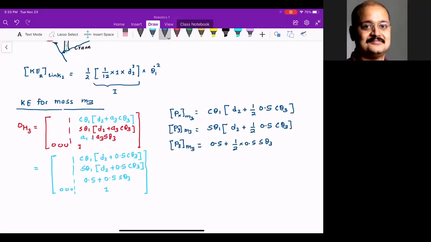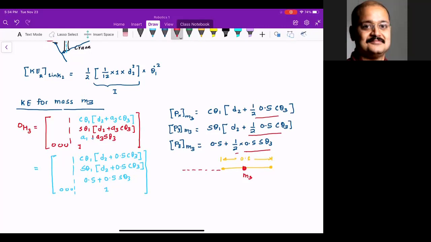And why this 1/2? Because please note that link 3 is 0.5, but our mass is over here. So this guy is to account for the mass which is at half of the link length. Everyone understood this?